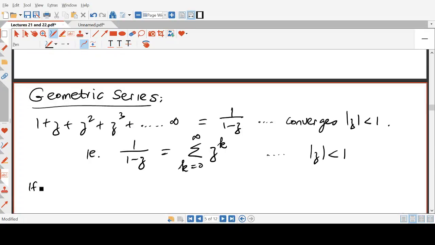If I switch z to minus z, I can get another formula. If I tweak this, let's say I make z into minus z, then I can get 1 over 1 plus z, and here it'll be minus 1 to the k, z to the k.